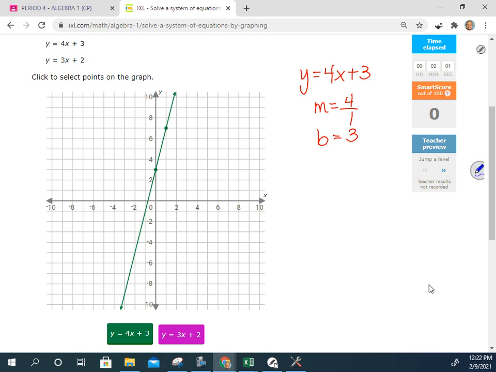The second line is y equals 3x plus 2. Your slope is 3, and your y-intercept is 2. Go to the y-axis. Put your point at 2. Then you go up 1, 2, 3 to the right 1.